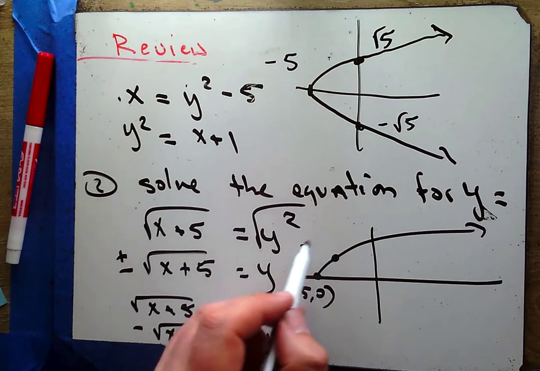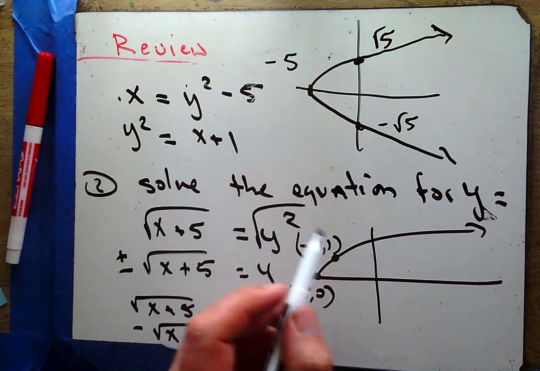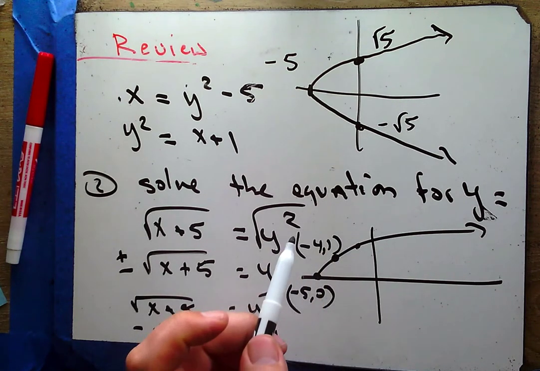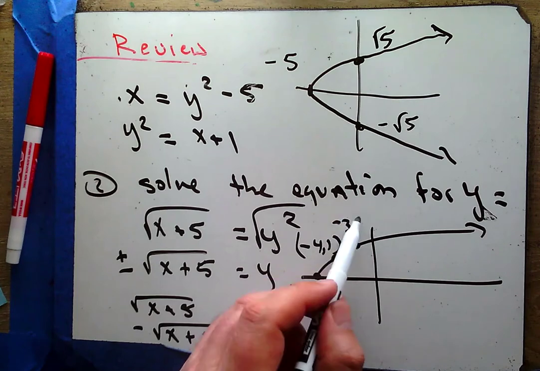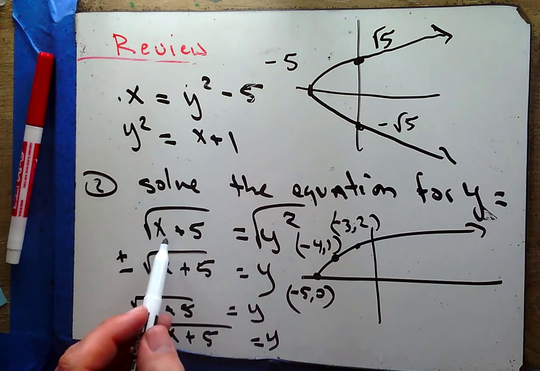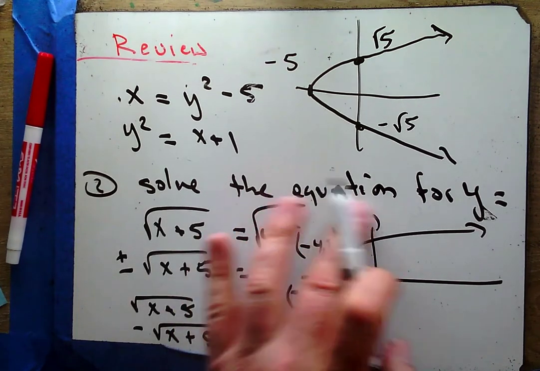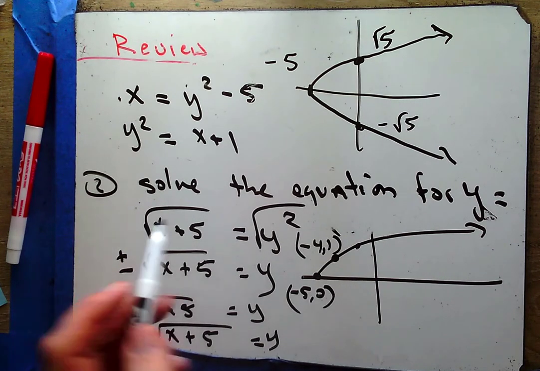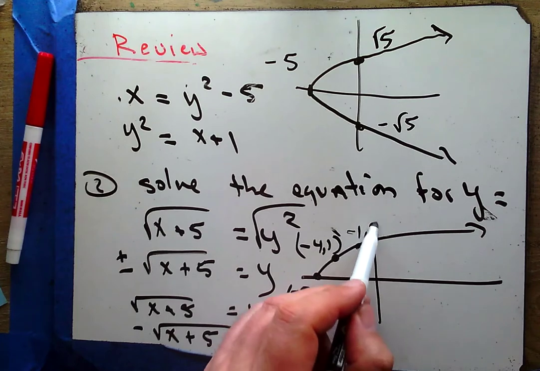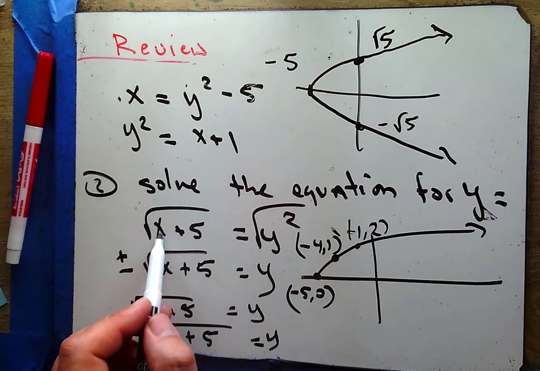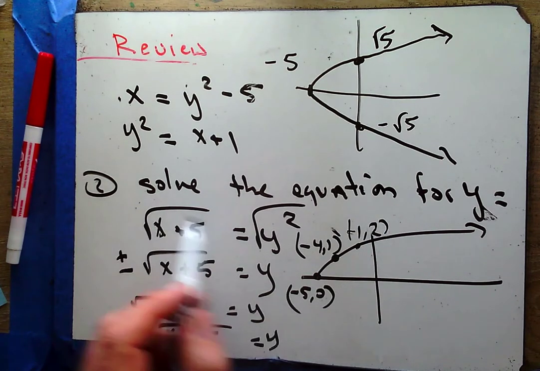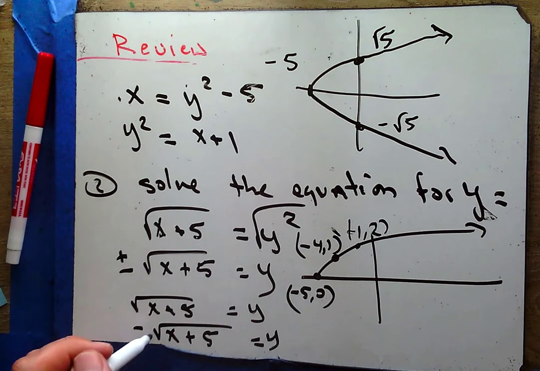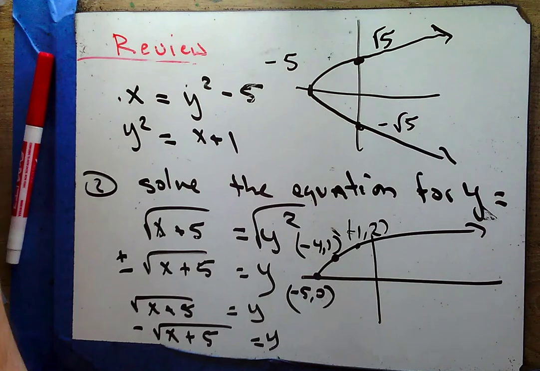And this would be at negative 4, 1. And this would be at negative 3, 2. Is it negative 3? No. Negative 1, 2. I plug a negative 1 in there, and negative 1 plus 5 is 4, square root of 4 is 2. All right, but then I would also repeat that process with this one down here.